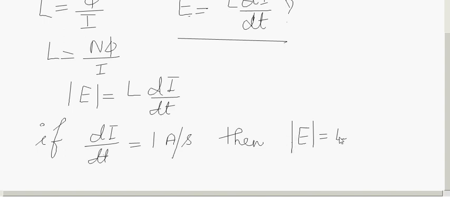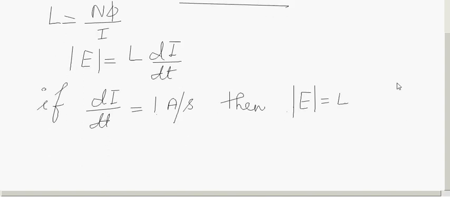L is 1 Henry, if the rate of change of current in the coil is unity and the induced EMF is also unity.